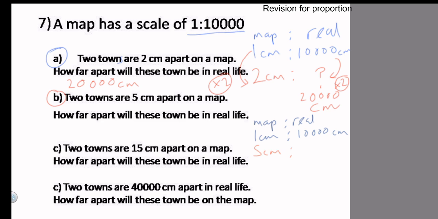What would that be in real life? So here we go. 1 times something to give me 5, so obviously times by 5. What have we done on this side? Do on the other. 10,000 times 5 is 50,000. 50,000 centimeters. Answer, 50,000.